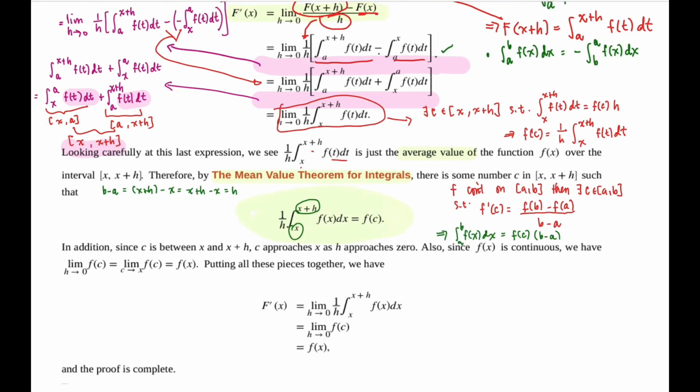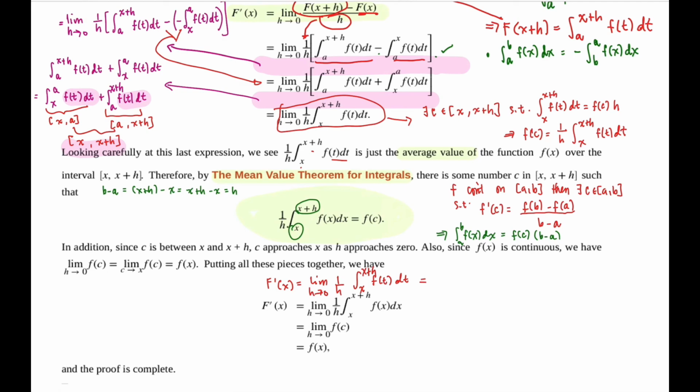Okay, so let's continue. We ended with f prime of x equals the limit as h approaches 0 of 1 over h times the definite integral of f of t dt, t from x to x plus h.